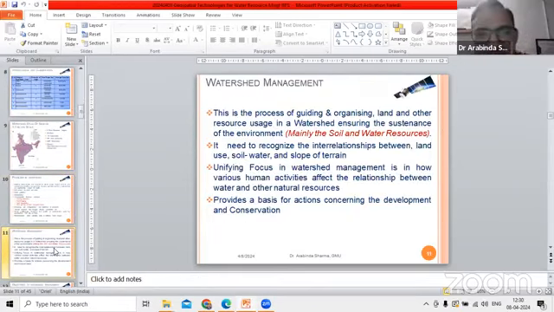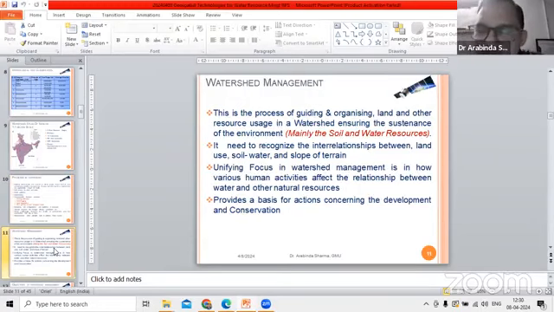Okay, watershed management, I have already told you, because watershed management is basically aimed at managing our resources. Managing resources means what? Land and water. If we are able to manage land and water, we can manage so many things, and that is why sometimes we introduce a concept which is called integrated watershed management.